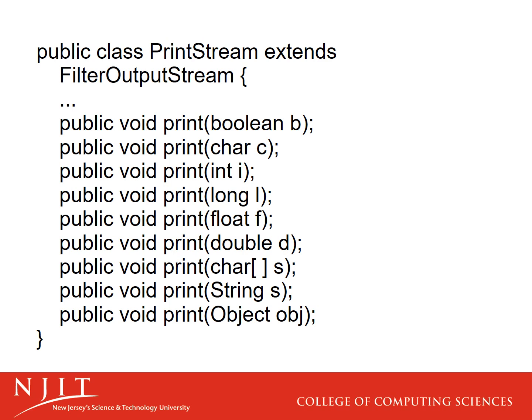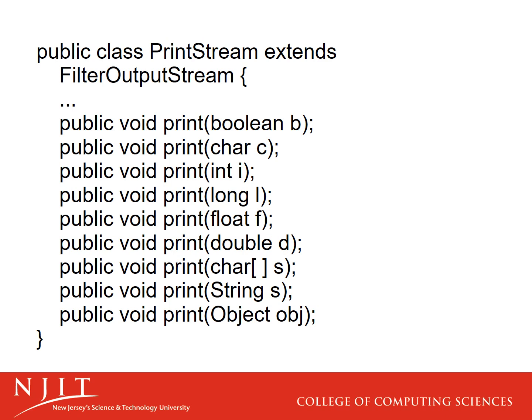Well, no. For the languages that support this, the name of a function is the name of the function and the type of its arguments. So the print function that takes a Boolean is different from the print function that takes a float. It's different from the print function that takes a string. So you call print, and the compiler figures out which print you mean from the type of the argument that you pass it.